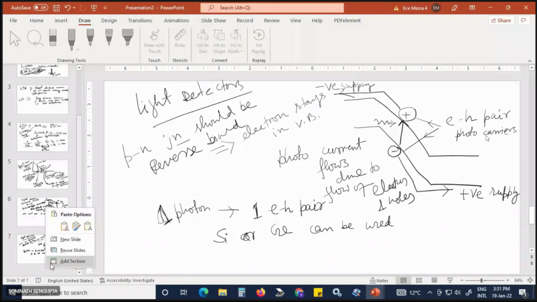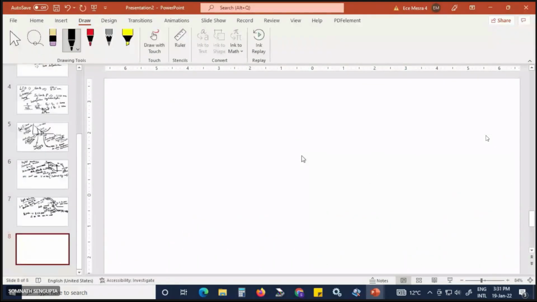Now there are two types of photodetectors. One is avalanche, another is PIN photodiode. Okay, I am not discussing the structure of these, but I am just telling the names. So this is called APD, avalanche photodetector.